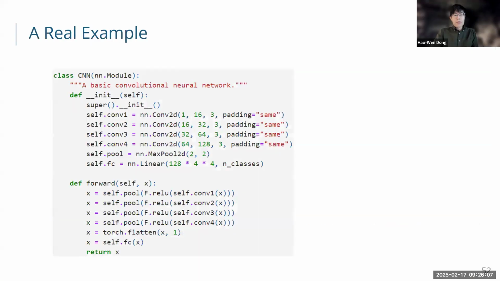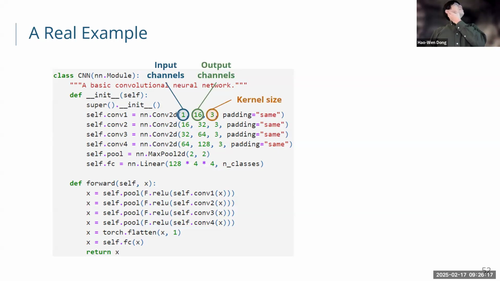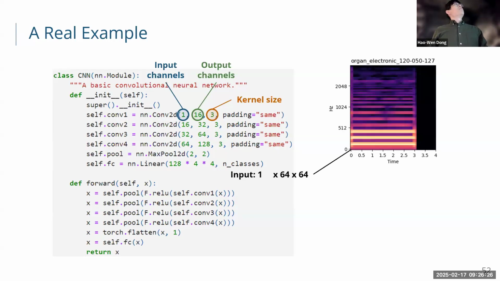Cool. So we have this in our slides. So it's just similar to the case. Again, this is input channels, output channels, and kernel size, which is the filter size, the pattern detector that you have in your convolutional neural network. So your input will be one channel. A spectrogram is just one channel by 64 by 64. For the second layer, the output will be 16 channels.